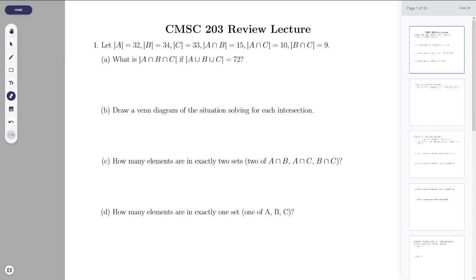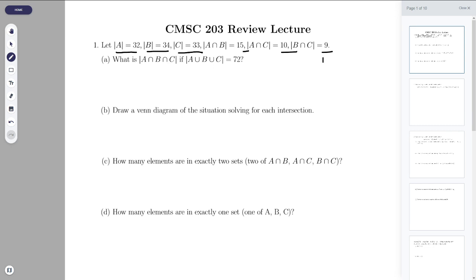So here, we have a whole bunch of stuff, right? The number of things in A is 32, B is 34, C is 33, 15, 10, and 9.